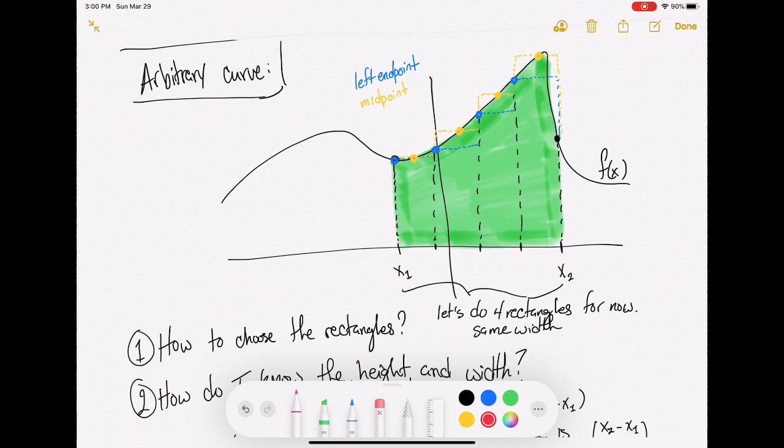And finally, if I'm working with the right endpoint, that means I'm asking myself where would the rectangle run into the curve on the right corner of the rectangle. And now you can start to see some funny stuff happen. The left and right endpoints agree at some places, but the rectangle they're talking about is a different rectangle in each case.